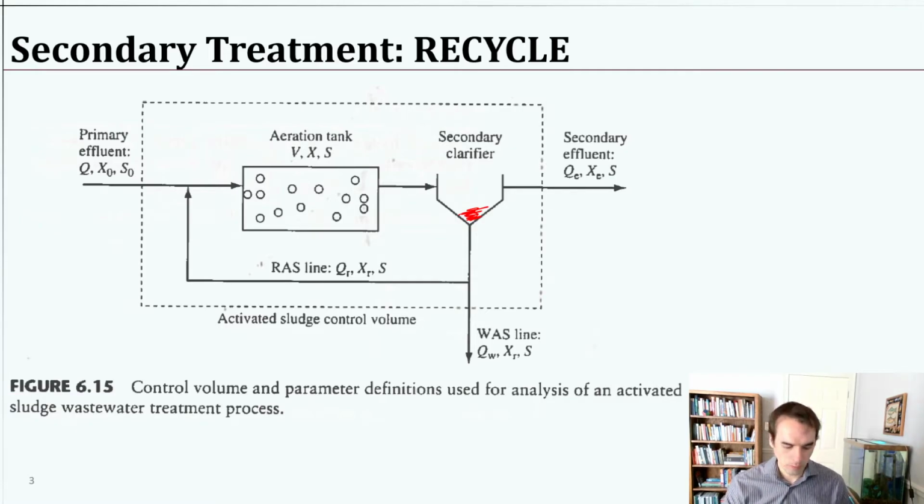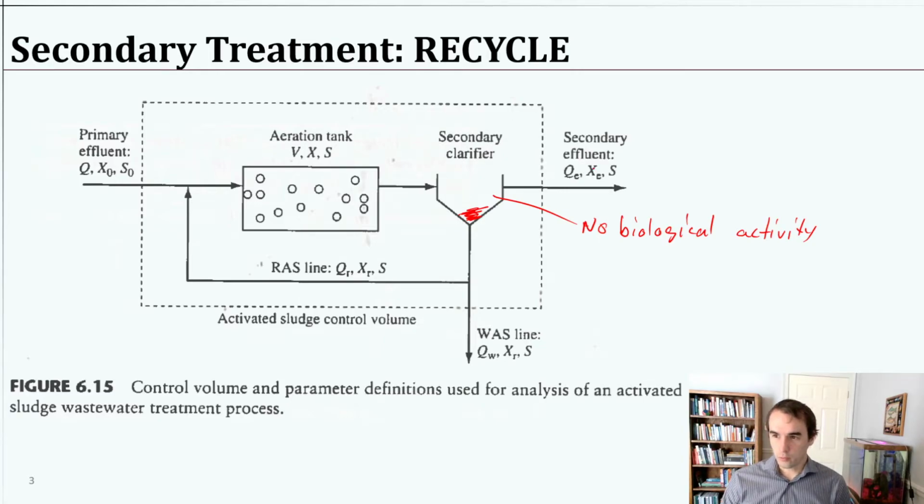So the control volume for this analysis is on this dashed line, but we will have some assumptions, like the assumption that no biological activity is happening to a meaningful extent in the clarifier or the lines.